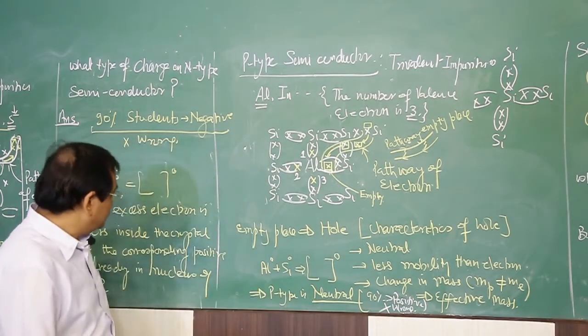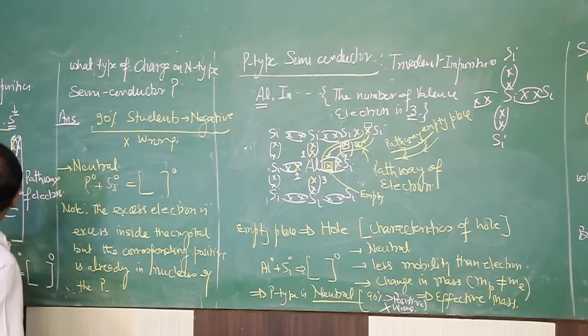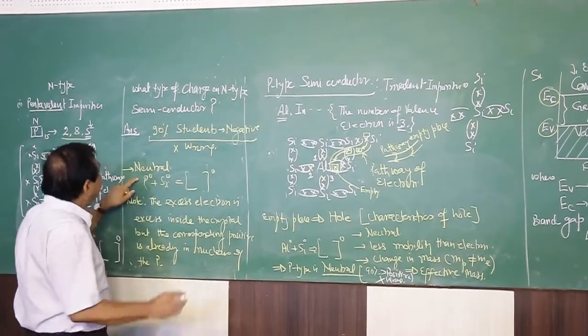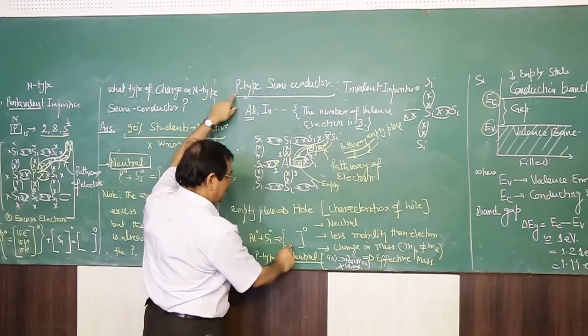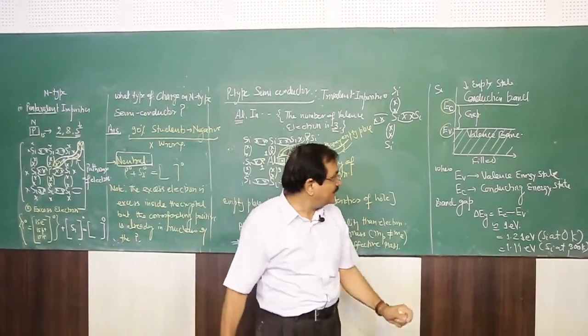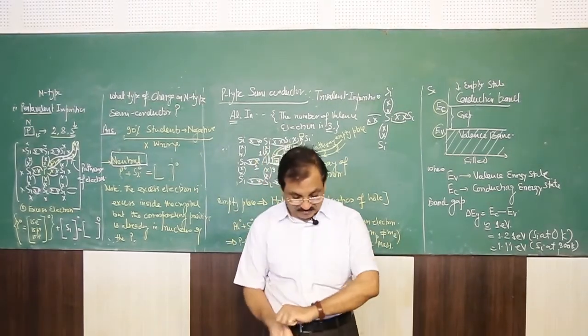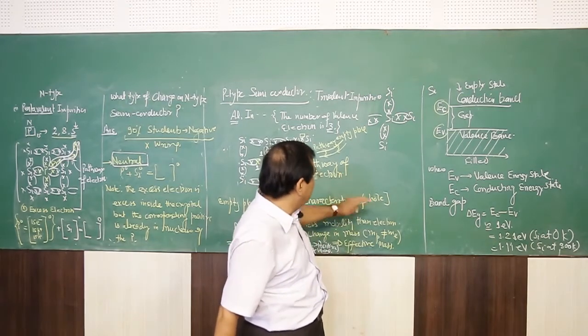So, the takeaway lesson is that both n type semiconductor as well as p type semiconductor are neutral. And next we would like to discuss the energy level.